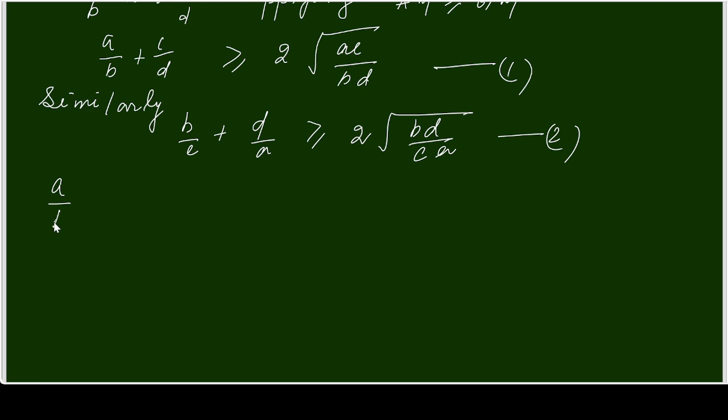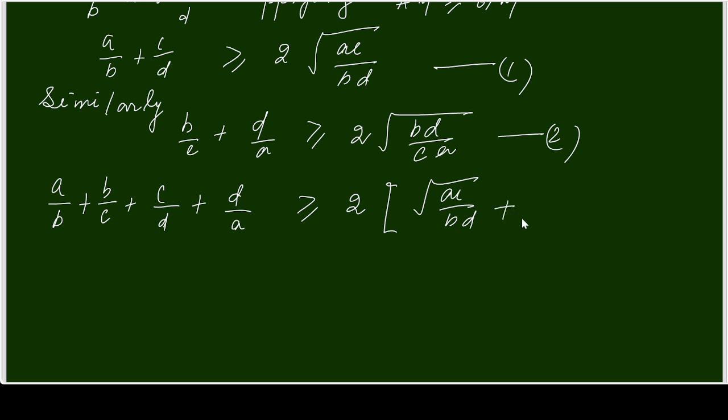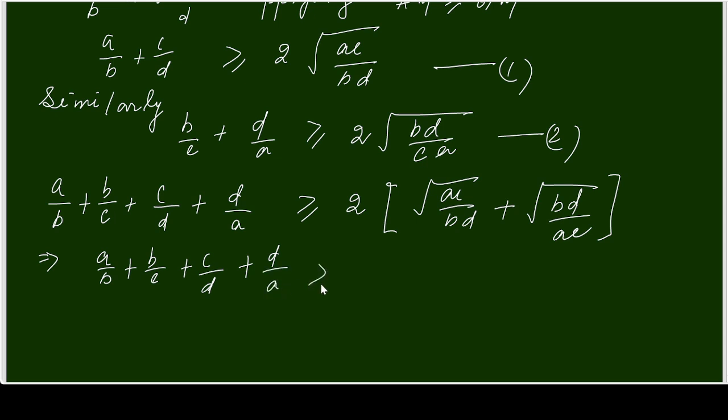So A over B plus B over C plus C over D plus D over A is greater than or equal to 2 times the sum of square root AC over BD plus square root BD over AC, or, simplifying this, the square root of ABCD, and thus the numerator will be AC plus BD.